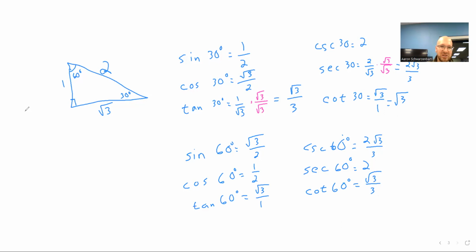And we can see the sine of 30 is equal to the cosine of 60. The cosine of 30 is equal to the sine of 60. The tangent of 60 is equal to the cotangent of 30, and the tangent of 30 is equal to the cotangent of 60.